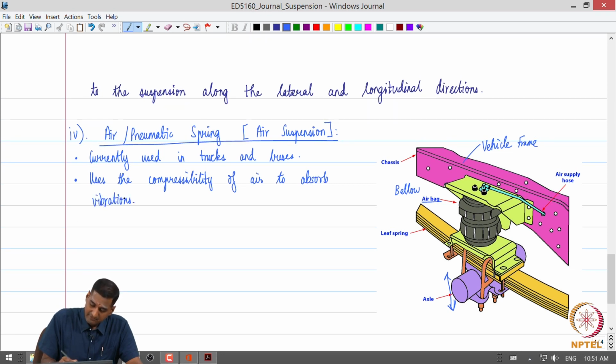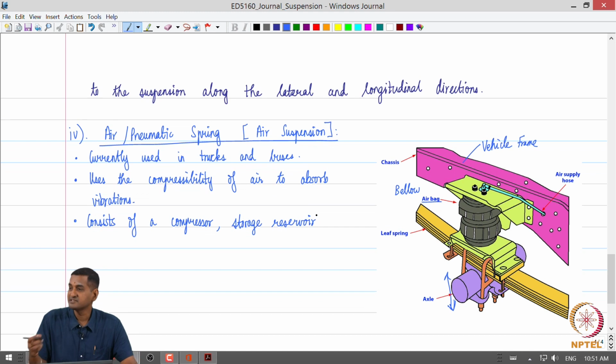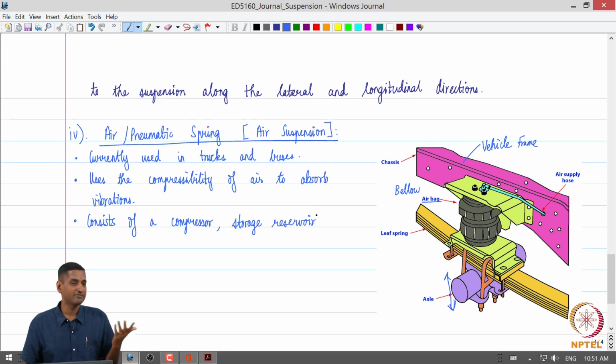So, typically the entire system consists of a compressor. Of course, we need an air supply, we need a storage reservoir, but now we can understand why it is popular in trucks and buses, because as we already discussed, in a truck and a bus we already have a storage or availability of compressed air. Why?